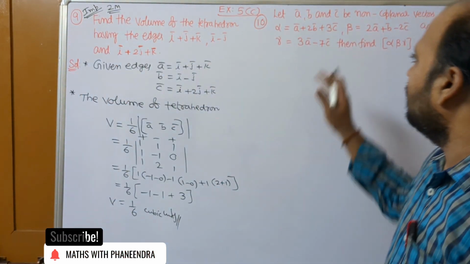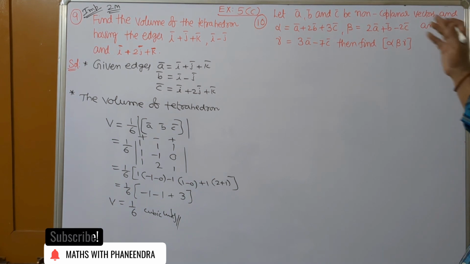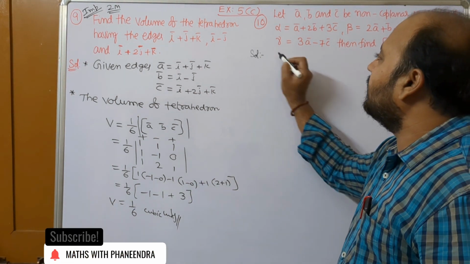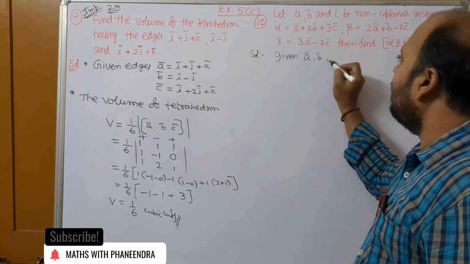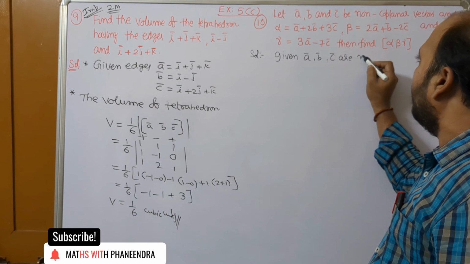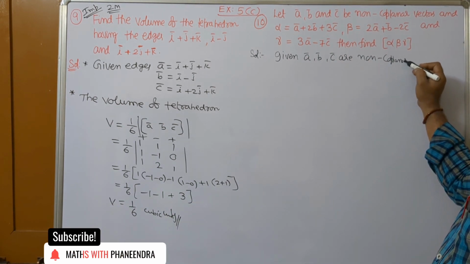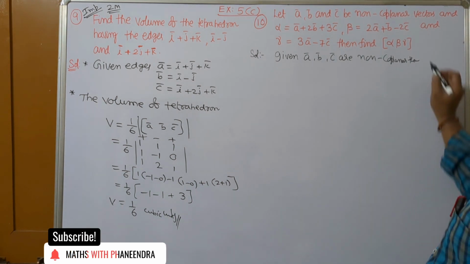Now come to the question. Let A bar, B bar and C bar be non-coplanar vectors. So in the solution, first step you write it: given A bar, B bar, C bar are non-coplanar. Whenever it is non-coplanar, what happens?